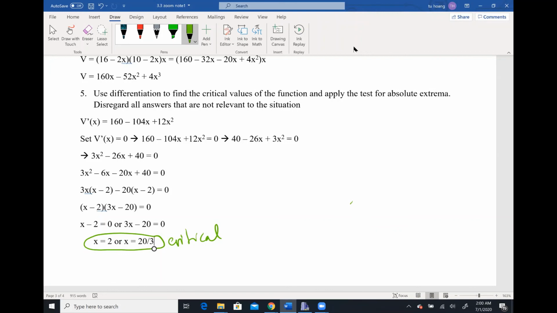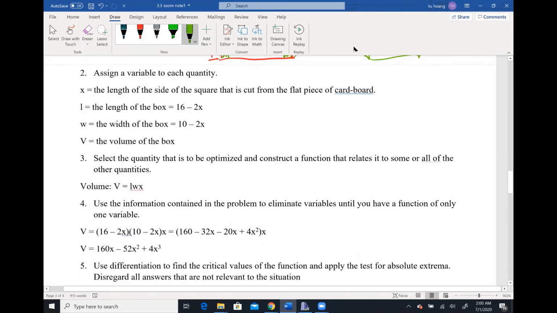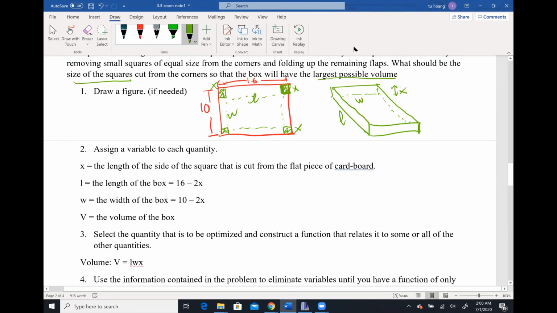So you're going to have a number line. And for x in this case, what is x? X is the length of the side of the square that is cut from the flat piece. So you should know that, first, x has to be greater than 0.